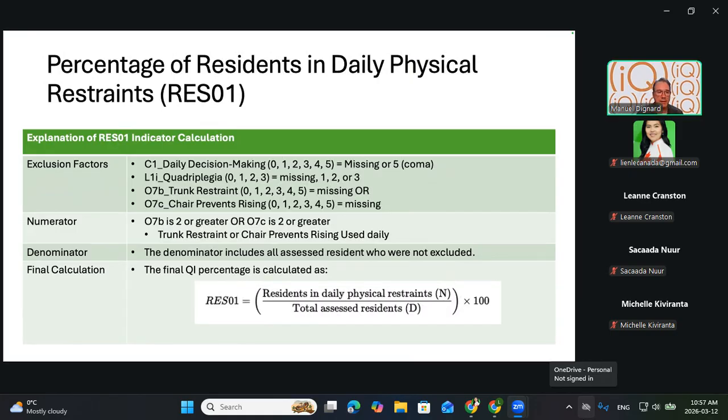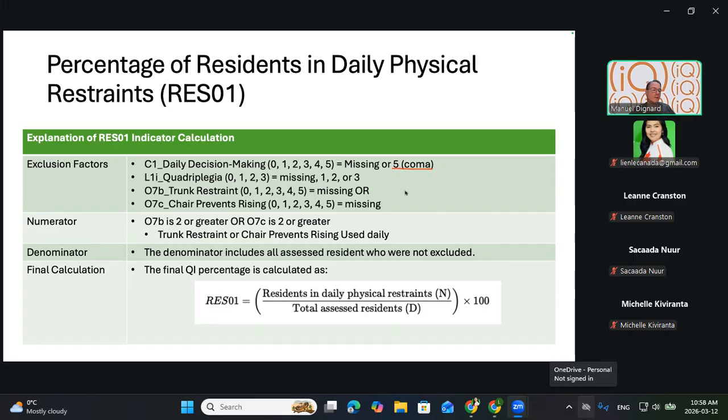All right, our last prevalence indicator: residents who are restrained daily using physical methods such as trunk restraint or a chair that prevents rising. So if we look at the calculations, we'll start with our exclusion factors.